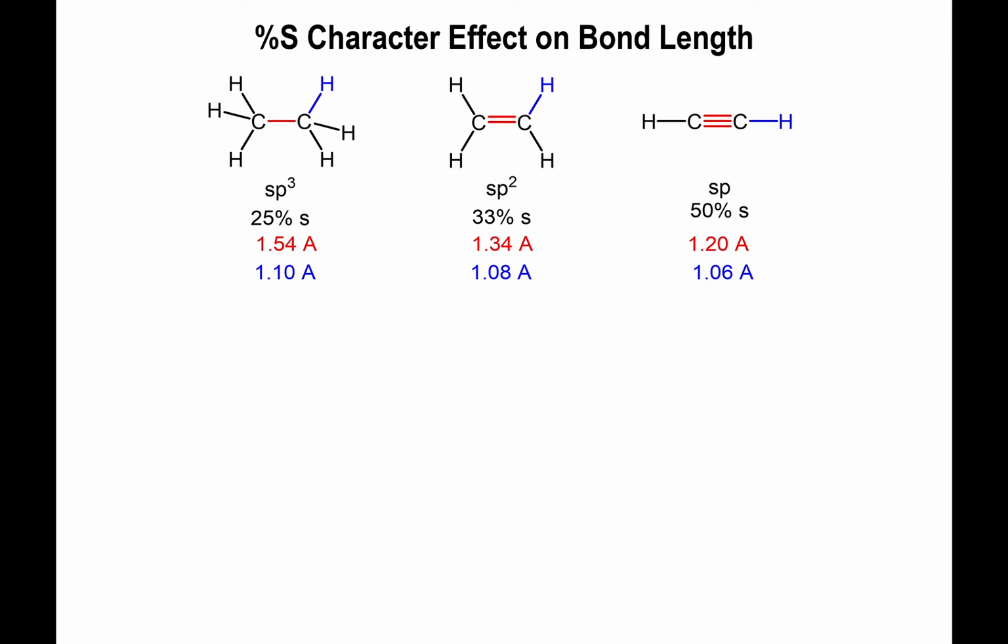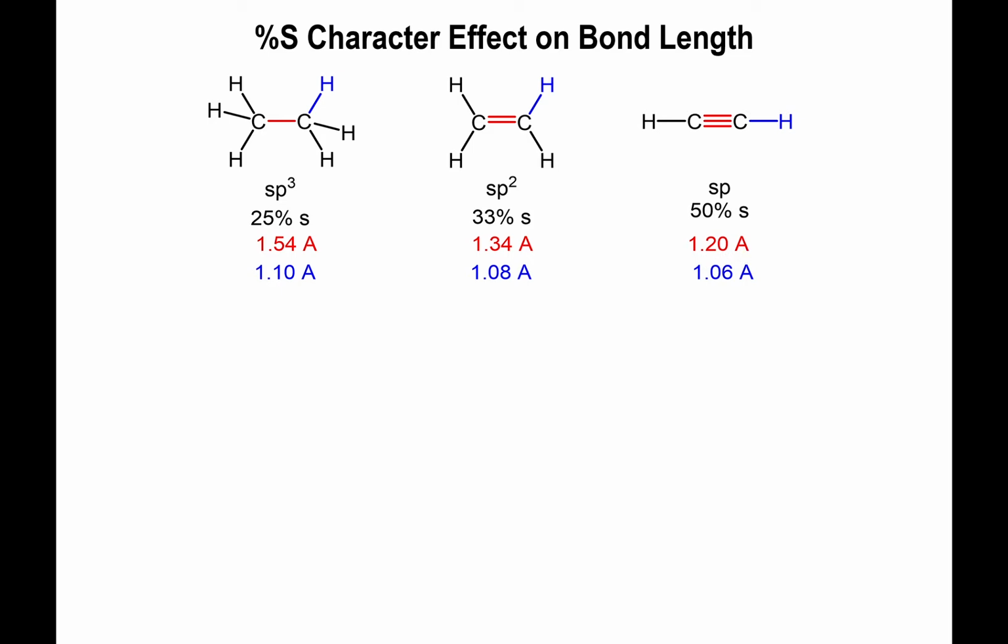First things first, the bond lengths. The bond length of the carbon-carbon bond is longer for a single bond than it is for a double bond. We go from 1.54 angstroms down to 1.34 angstroms. And when you switch over to a triple bond, this decreases even further to 1.20 angstroms.